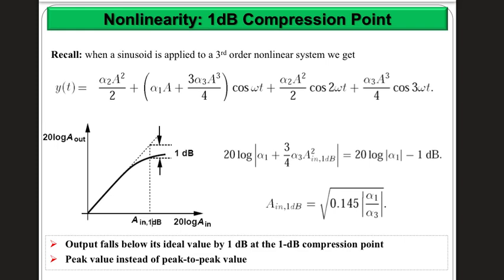Because it's alpha 1 A plus 3 alpha 3 A to the power 3, we took A as a common factor. And A is existing on the other side as well, since if the system was ideal you have alpha 1 A. So you have A here and A here, and it cancels from both sides. Right? So we are trying to equate the ideal case minus 1 dB with the actual case. So A is taken from both sides.